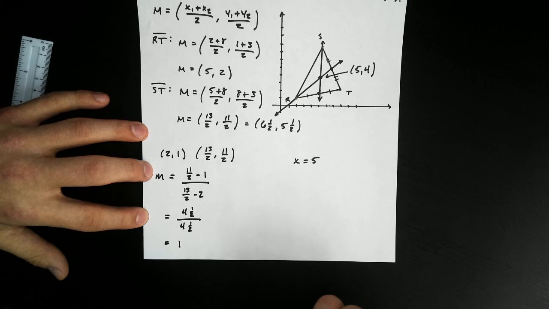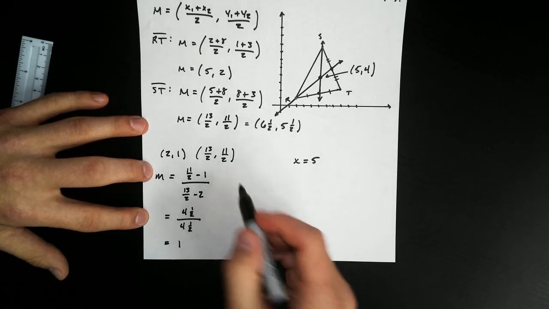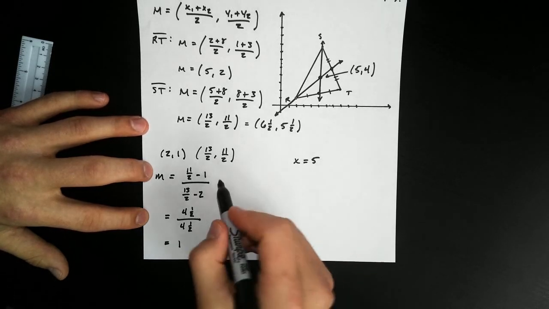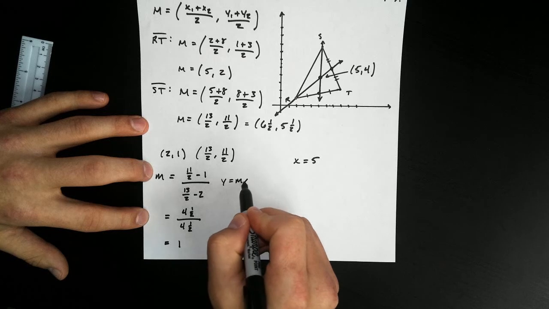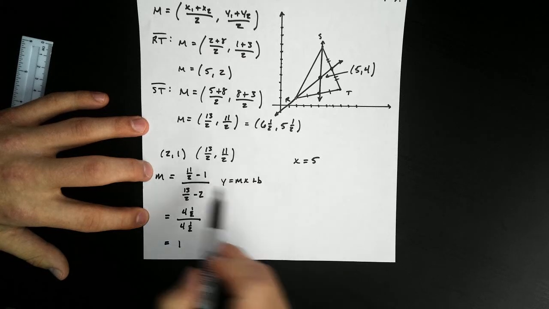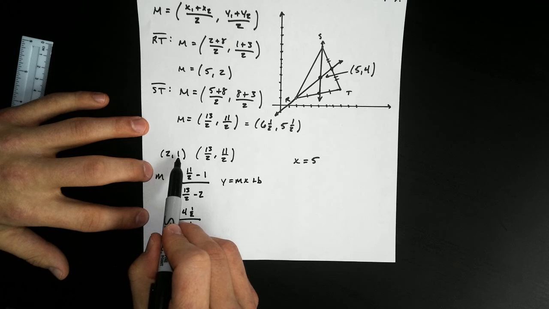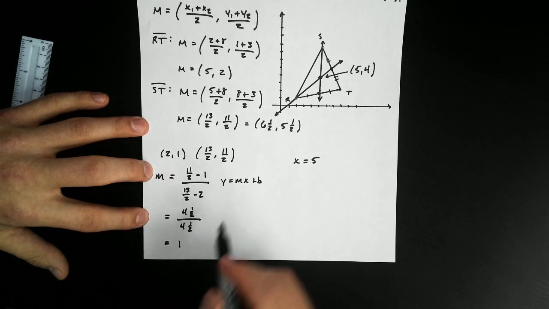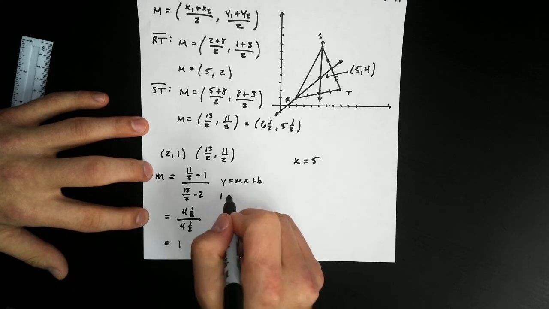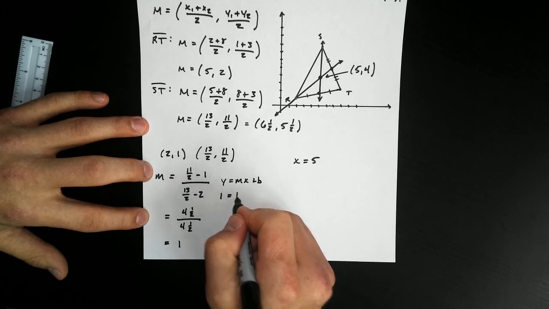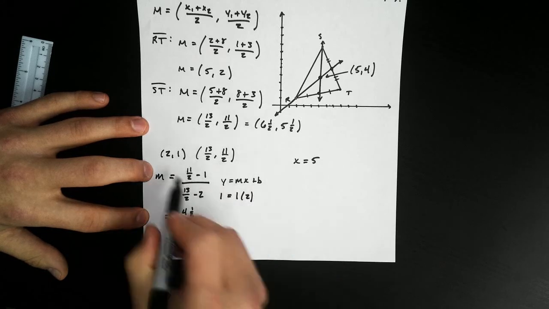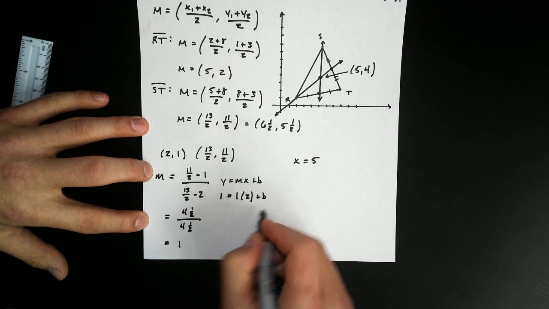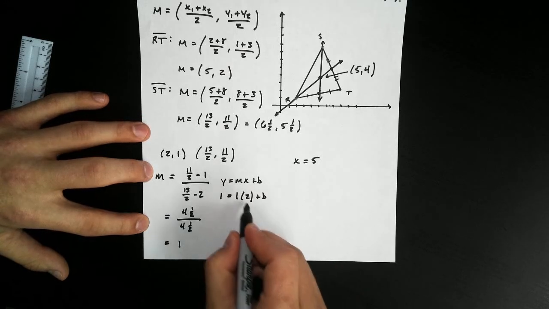The other thing we need is the y-intercept, the b value. We could use y = mx + b to solve for that. I know an x value, I know a y value, and now I know my m value. So that would look like 1 for y, m was also 1, and my x value here is 2. That just leaves b to solve for.